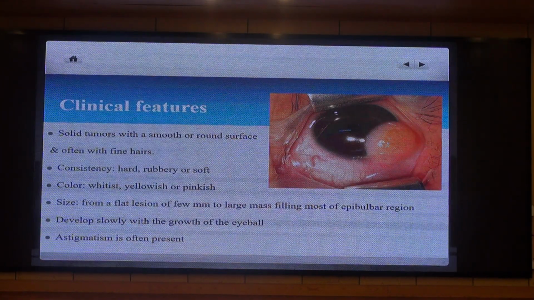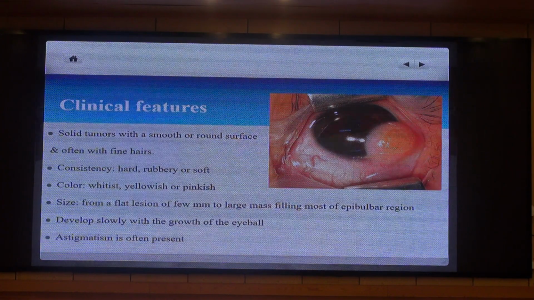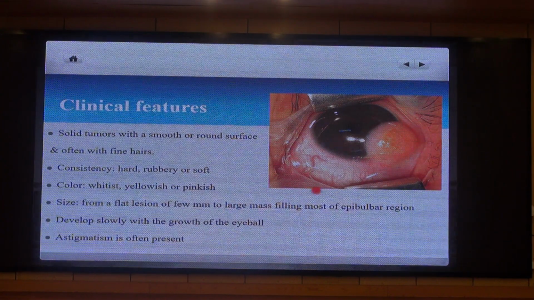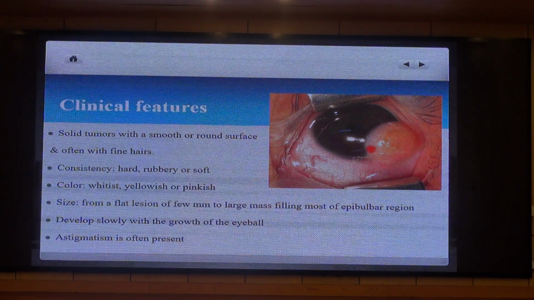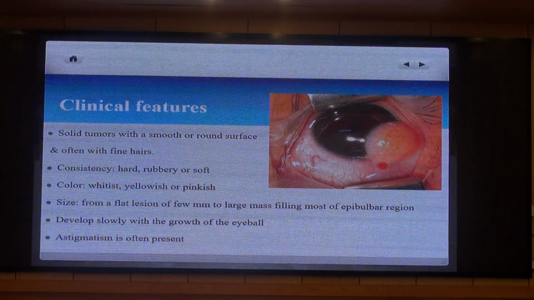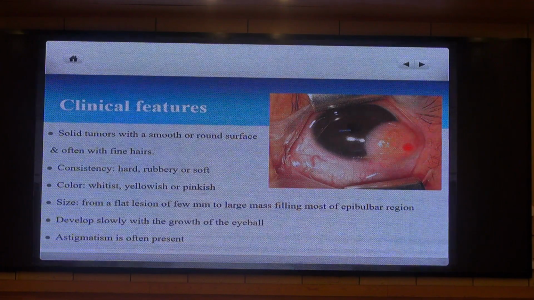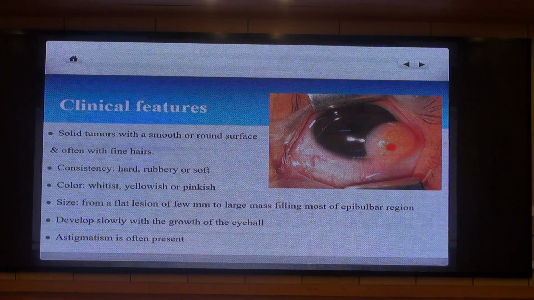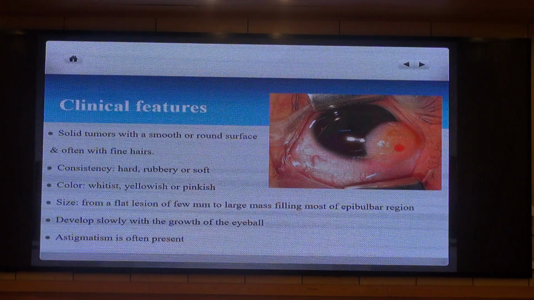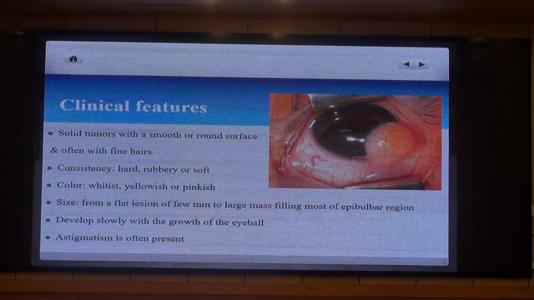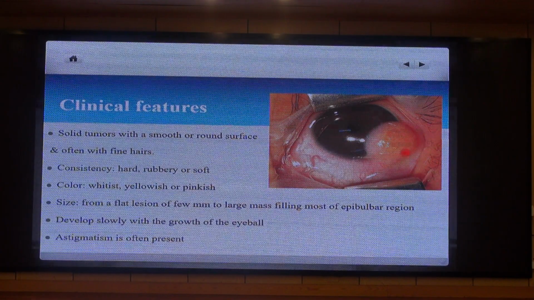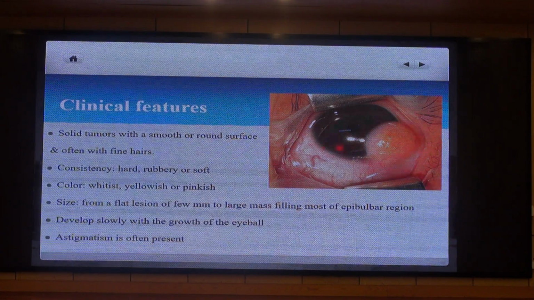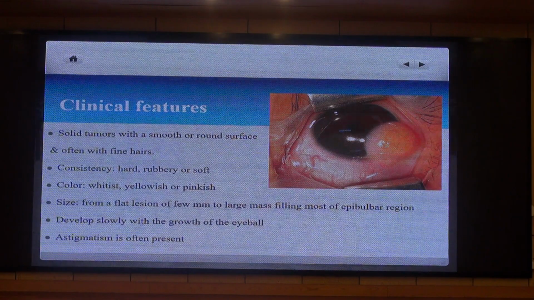About clinical features. In these images, you can see a tumor at the limbus of the eye. The tissue looks like normal skin, with some fine hair here. It can be a solid tumor with a smooth or dry surface, often with fine hair.